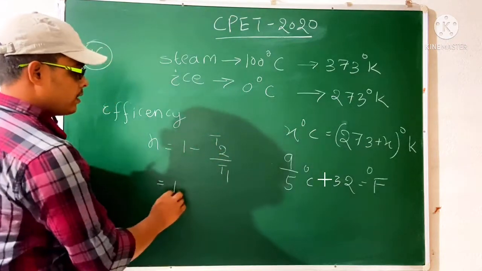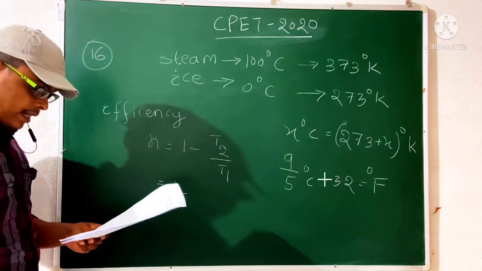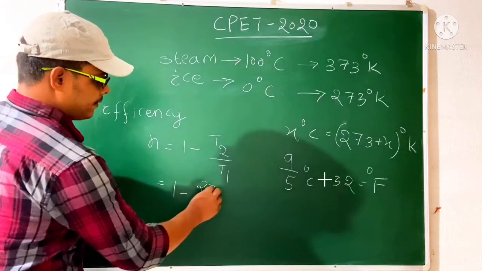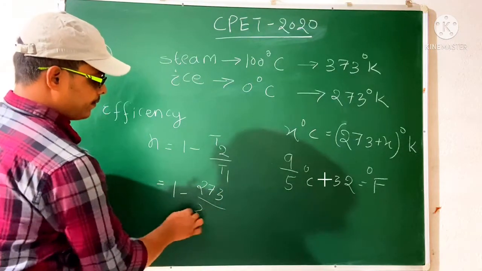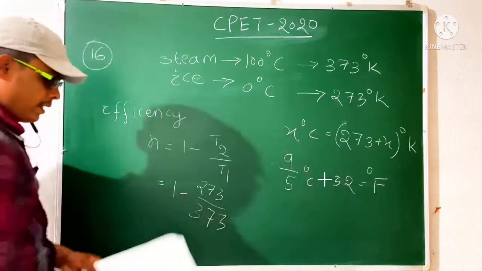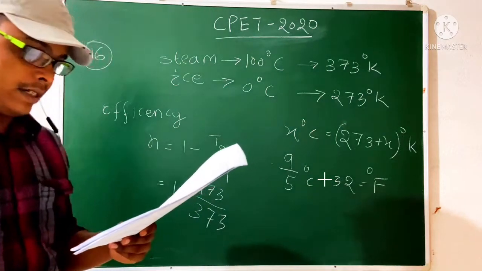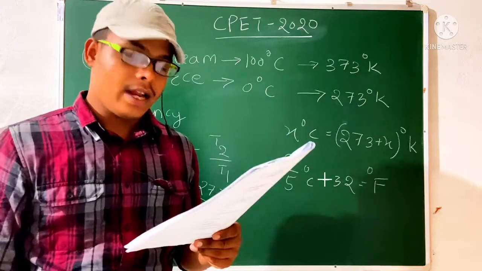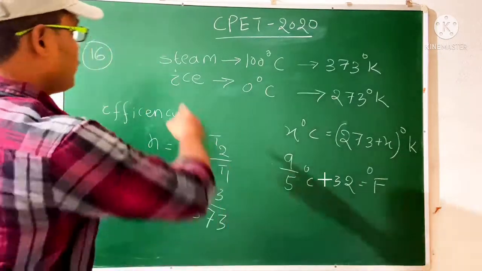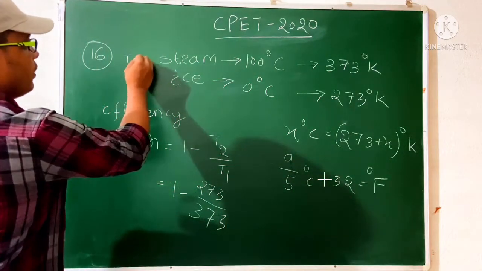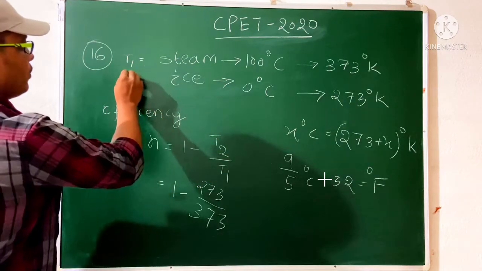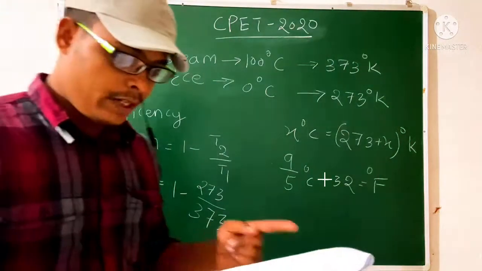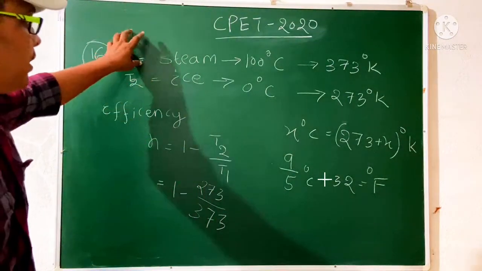So what will be the answer? 1 minus 273 divided by 373, because it is given the Carnot engine is working between the steam point and the ice point. So this is the steam point, that will be T1, then ice, so that will be T2. Okay, so he's given steam to ice, right? So this is steam and this is ice.